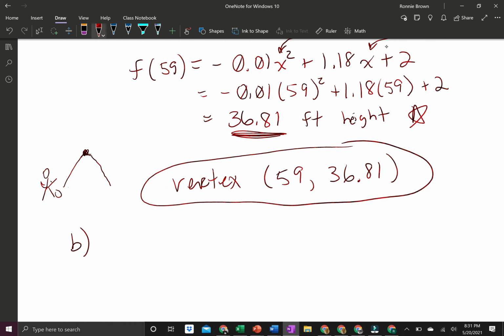So we've shown this distance right here, and how high it goes vertically. We've shown the vertex, but eventually it's going to come back down and hit the ground. So that's what B is asking. How far will the ball go downfield? And when we say downfield, we mean all the way down after he kicks it and it hits the ground.